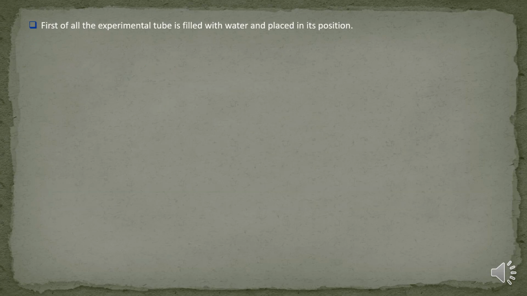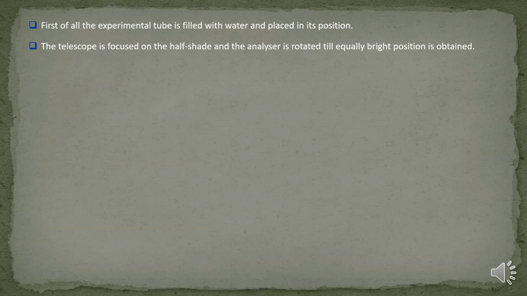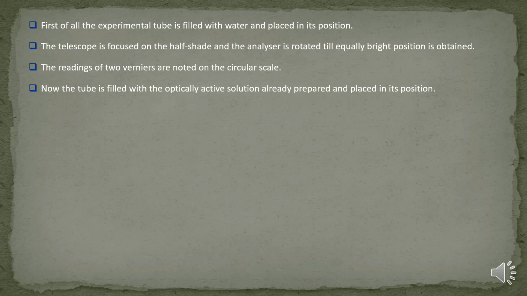First of all, the experimental tube is filled with water and placed in its position. The telescope is focused on the half shade and the analyzer is rotated till the equal bright position is obtained. The readings of the two verniers are noted on the circular scale. Now the tube is filled with the optically active solution already prepared, that is, sugar solution, and placed in its position.